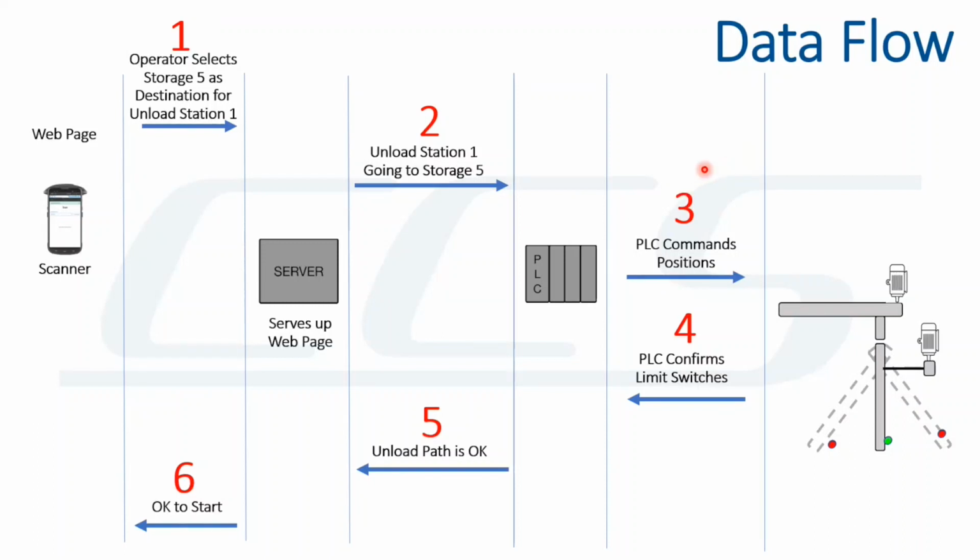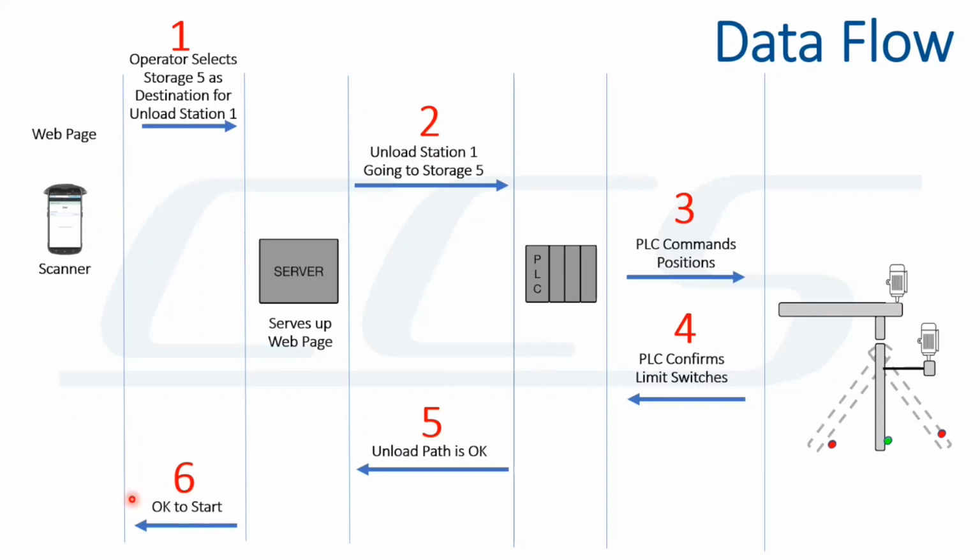In step 4, the PLC confirms the actual position of the diverter by looking at the limit switches. And then in step 5, the PLC tells the TransferMinder server that the path is okay between unload station 1 and storage destination 5.